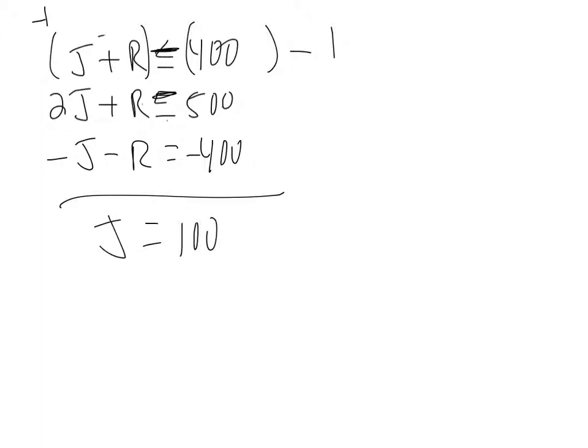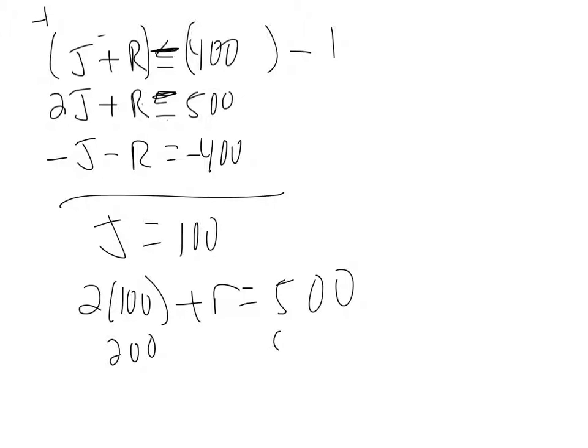And then to find r, I know that 2 times 100 plus r has to be 500. So that's 200 and that's 500. So 500 minus 200 is 300. So that tells me that other point is 100, 300.